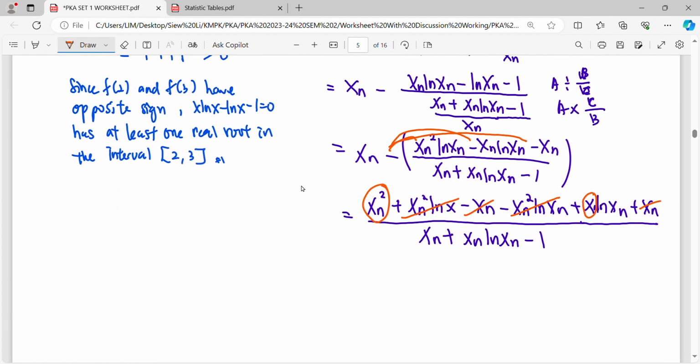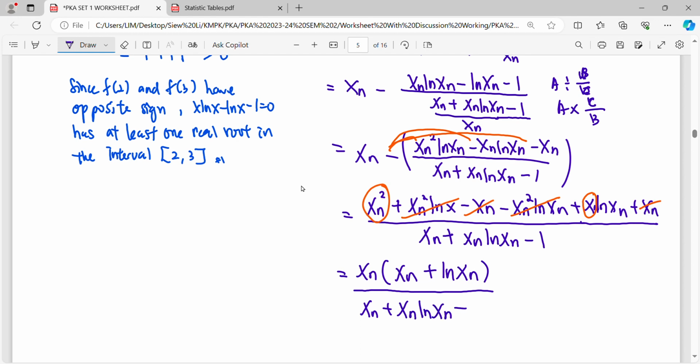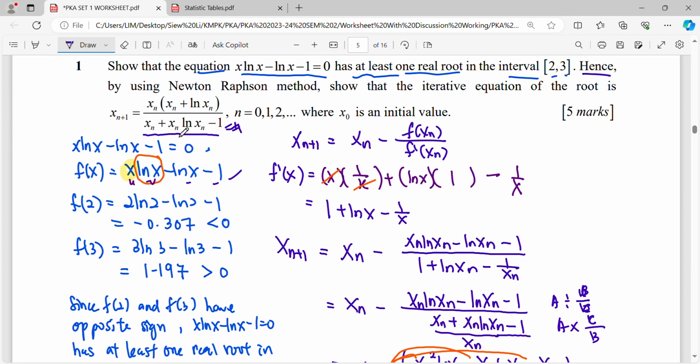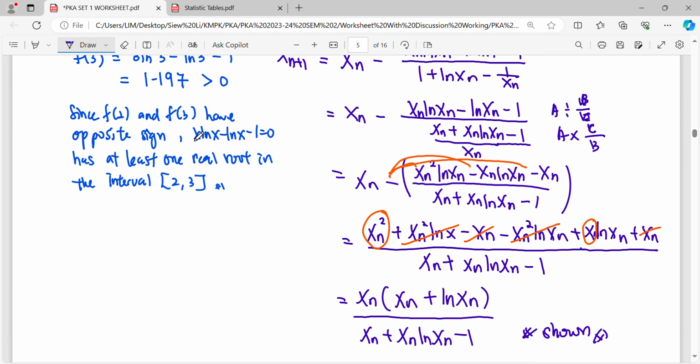So we factorize the x, remaining 1 here, and then at the next term, remaining is ln x. So finally, you get to show this expression: x ln x minus 1, x ln x minus 1. Okay.